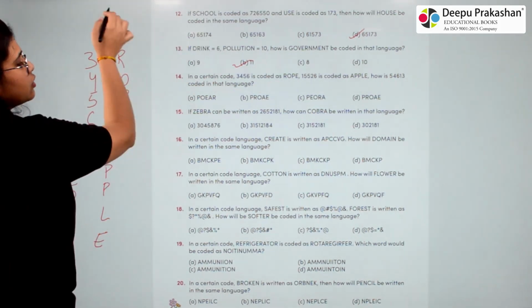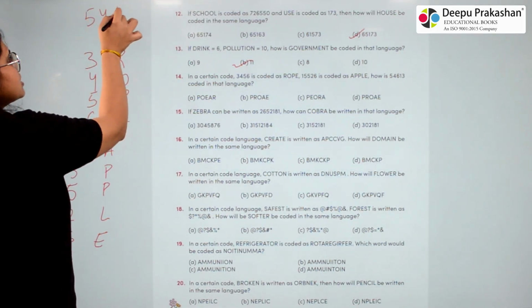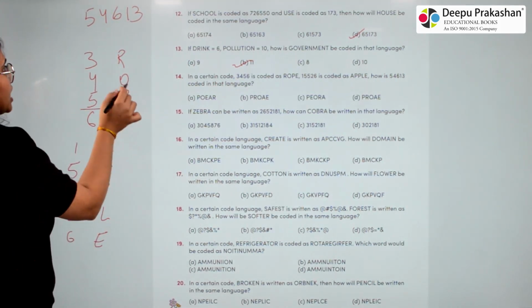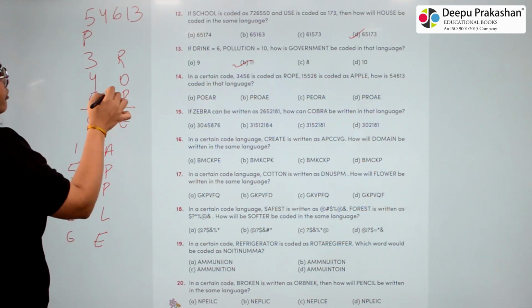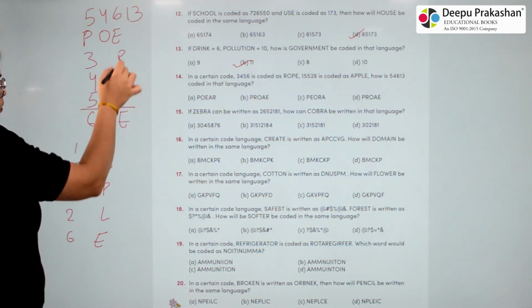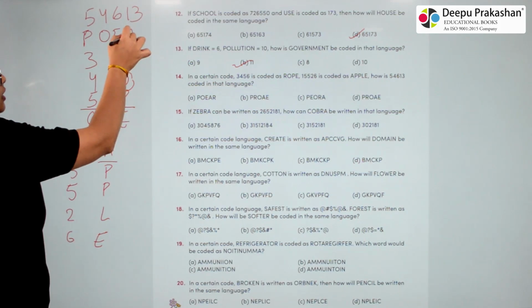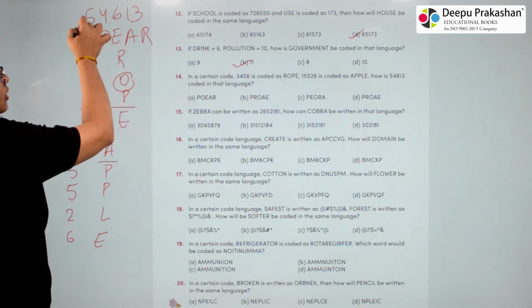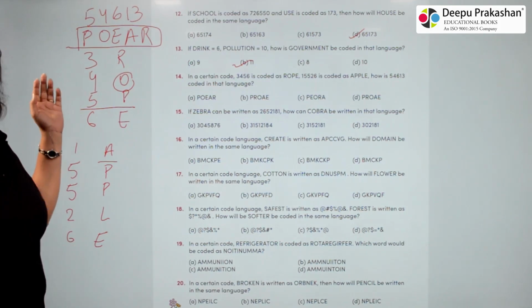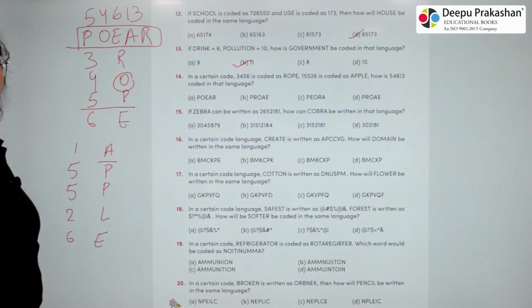Now we have to find the code of 54613. Okay, so here 5 stands for P, 4 stands for O, 6 stands for E, 1 stands for A, and 3 stands for R. So the code will be POEAR.